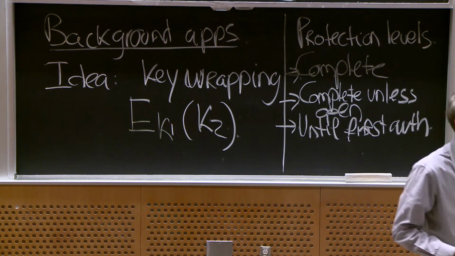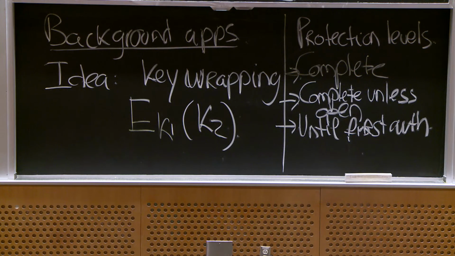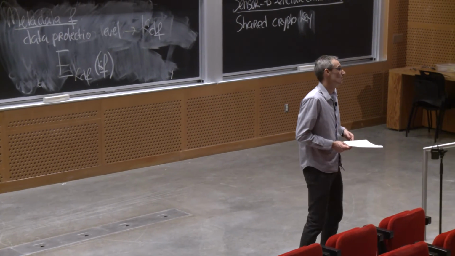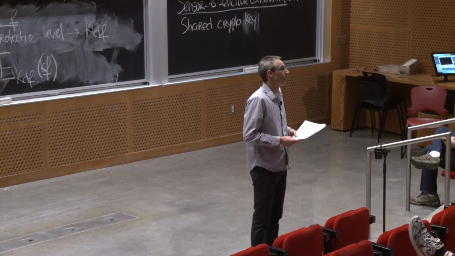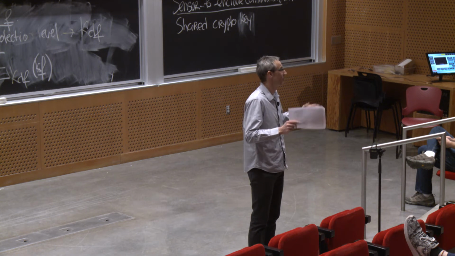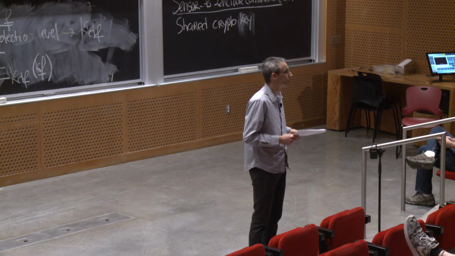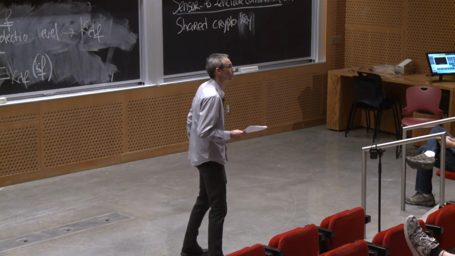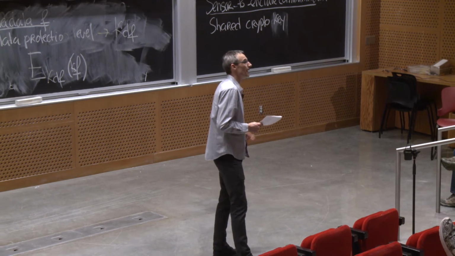Yeah? Does KFS encrypt the whole file system, and then there's another level of encryption on top of it? I think KFS encrypts the file system. That is the basic file system encryption key. So then how does KFF relate to that?